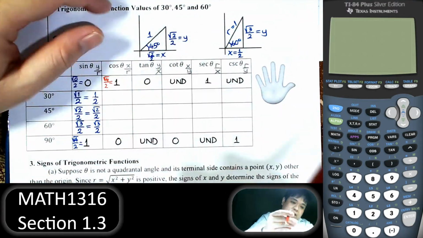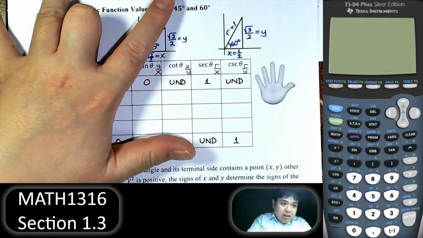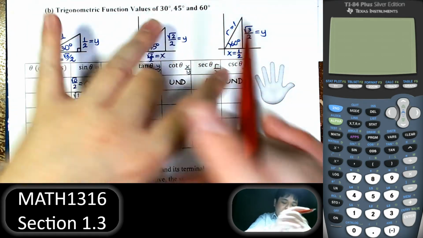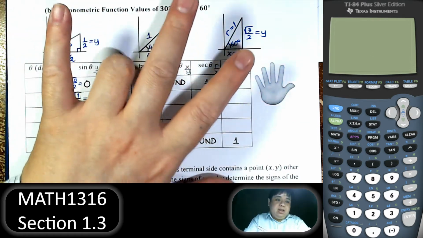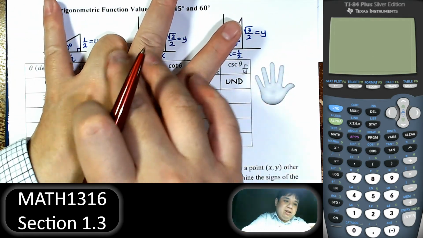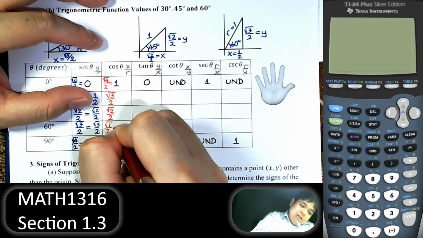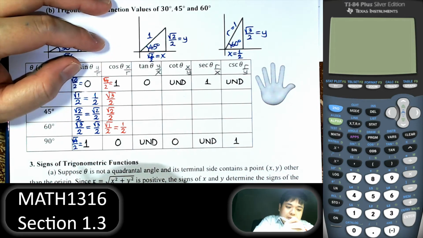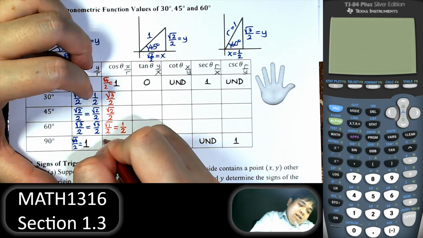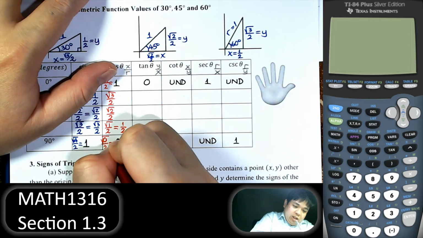On the left, there are 3. 45 degrees, the middle finger, 2 on the left of it. 60 degrees, the ring finger, there's 1 on the left. Square root of that number divided by 2, so 1/2. And then 90 degrees is 0 divided by 2, which is 0.